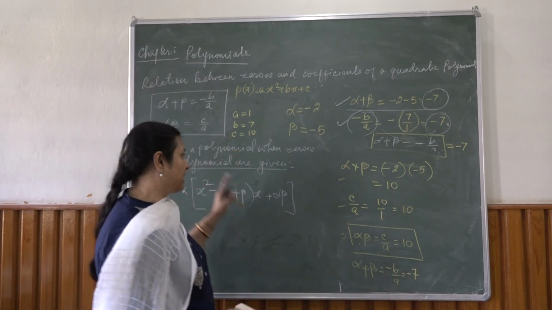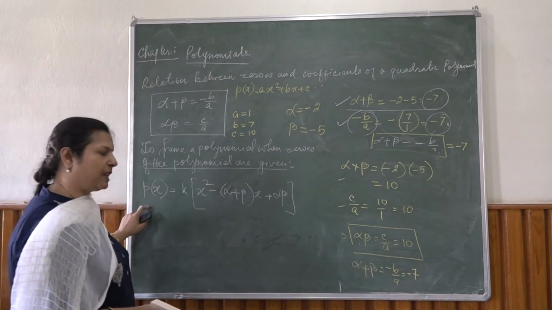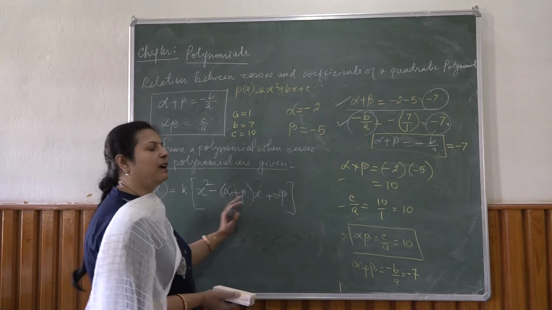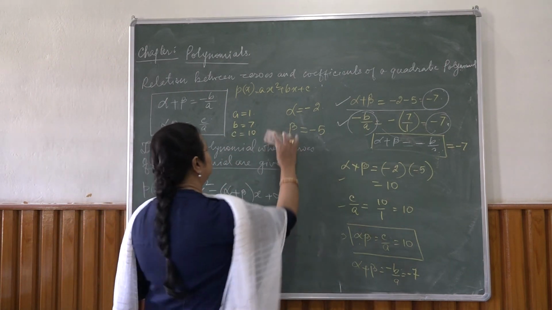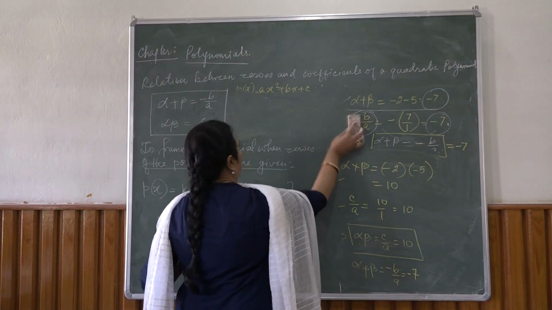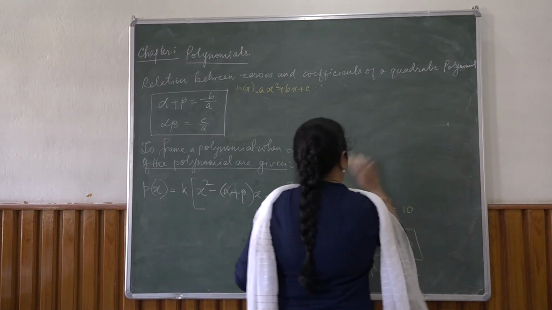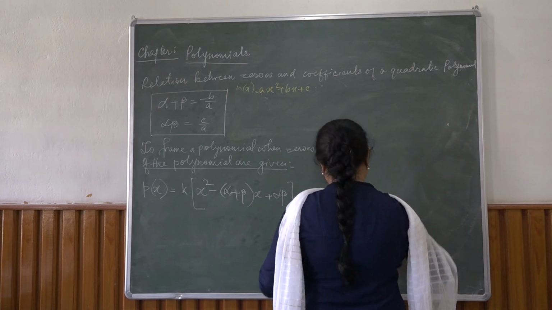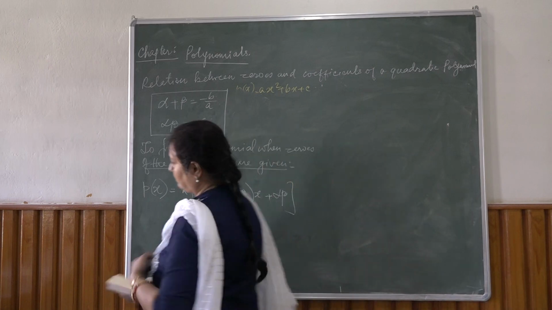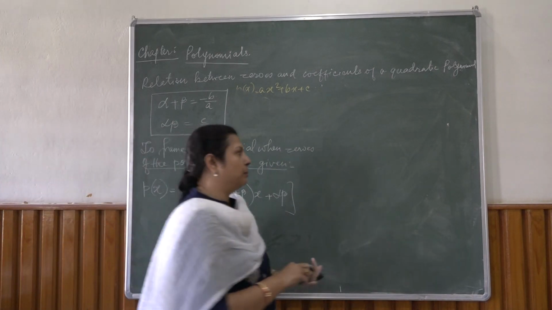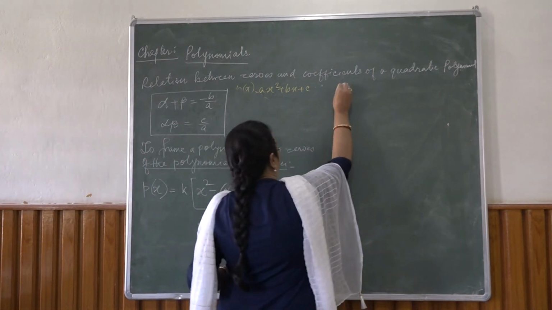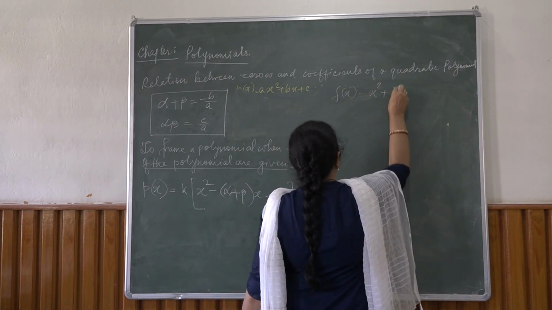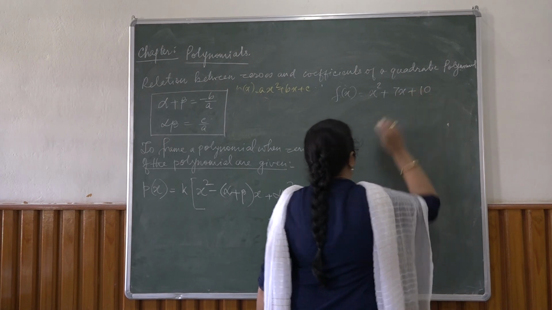So now we go to the second part of the question of the same exercise, that is, if the zeros of the polynomial are given, then how do we frame an equation? Now see, the polynomial which I gave you and named f(x) was equal to x square plus 7x plus 10.